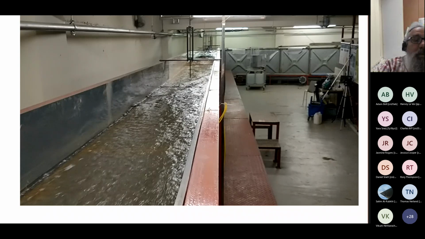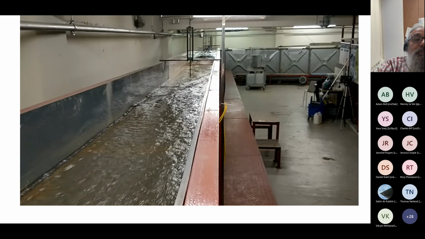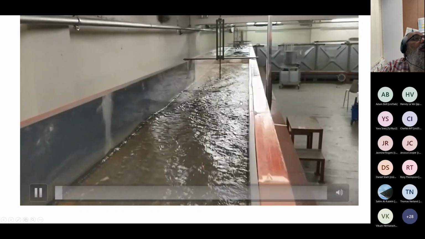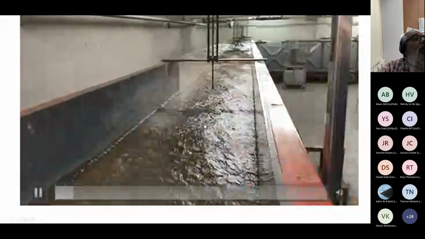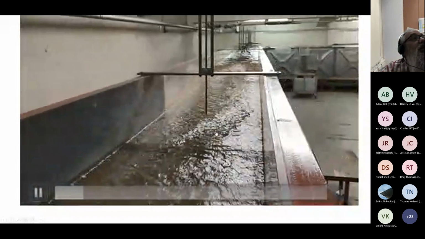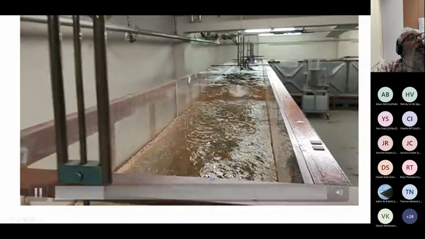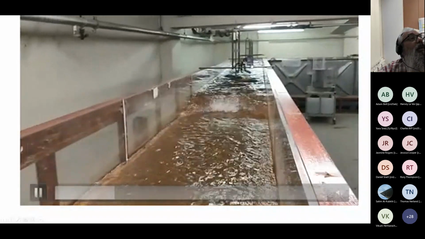Just going to show a video here of the flow in the channel. So I've turned the water on, it's flowing down, supercritical where we can see it now. And over here at the far end, it's subcritical.